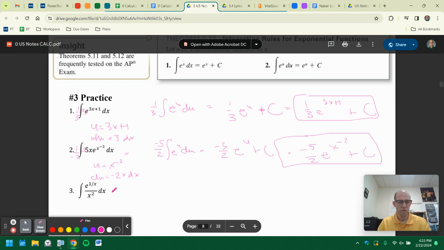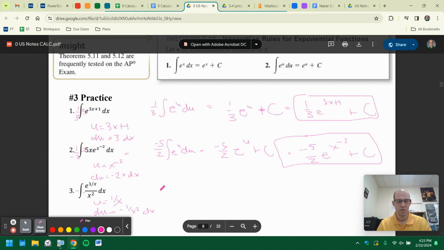All right, trying another one here. I see e to the 1 over x power, so I'm going to set u to be 1 over x, which means du is going to be negative 1 over x squared dx. And it looks like I have 1 over x squared dx right here. I just need a negative sign inside and then one outside as well.